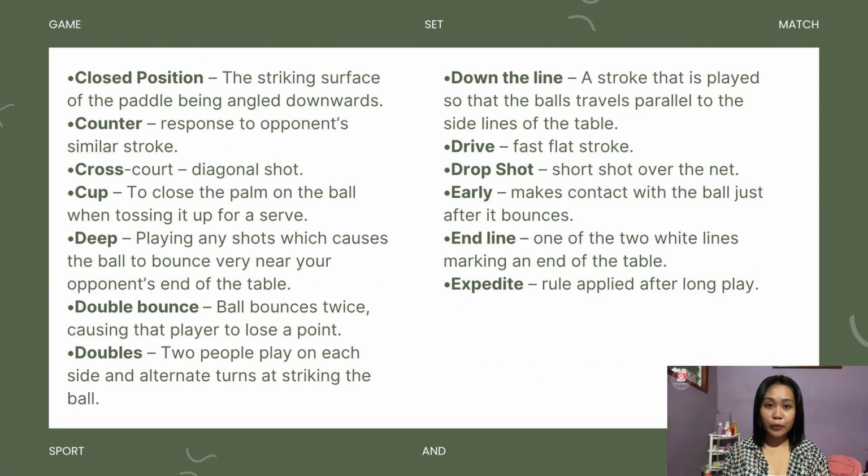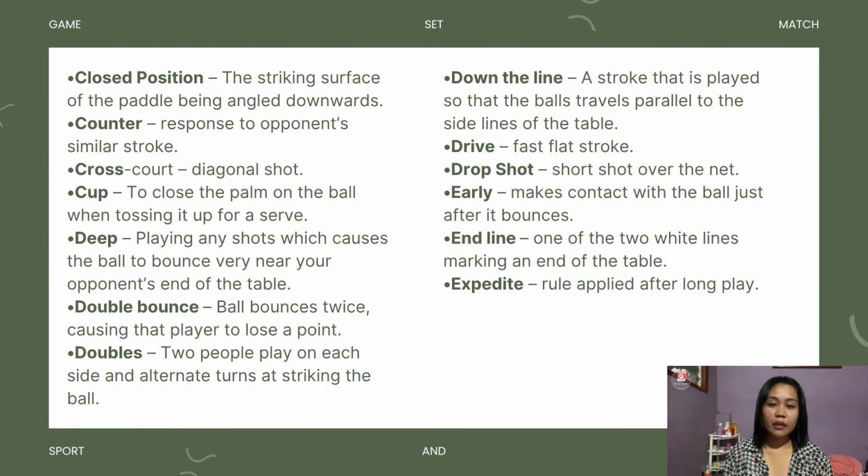And the term close position refers to the angle of the paddle when the striking surface faces slightly downward. So this position is commonly used for topspin shots to keep the ball from going too high. And a counter is a response to the opponent's attacks using a similar attacking shot.